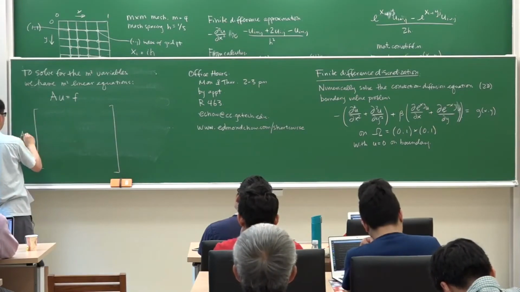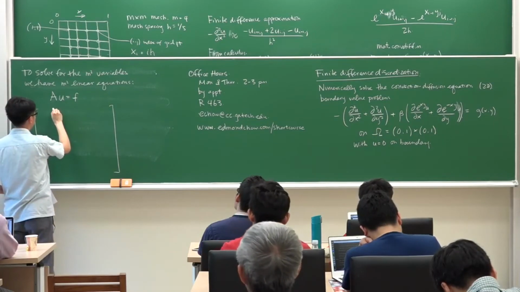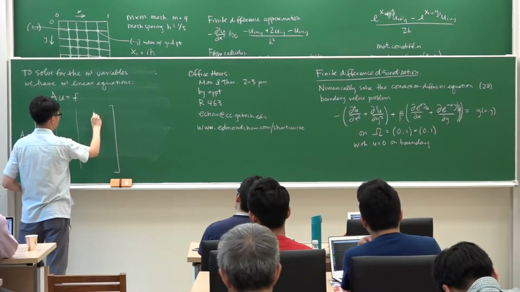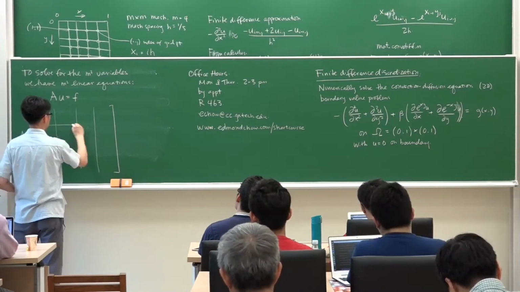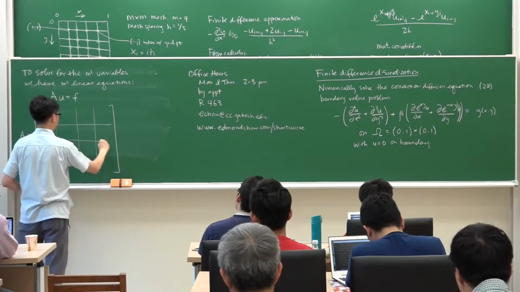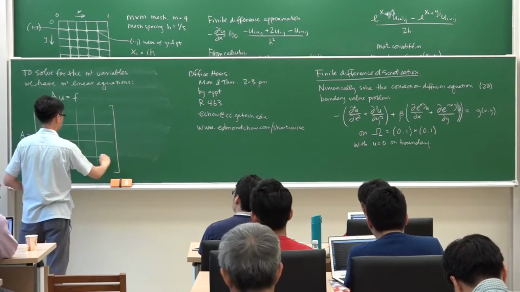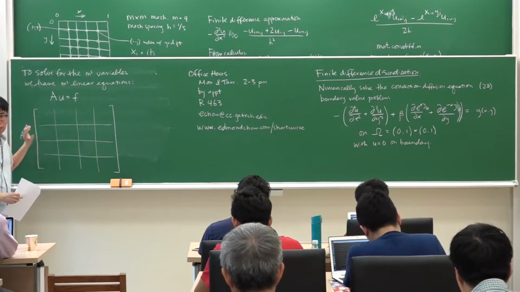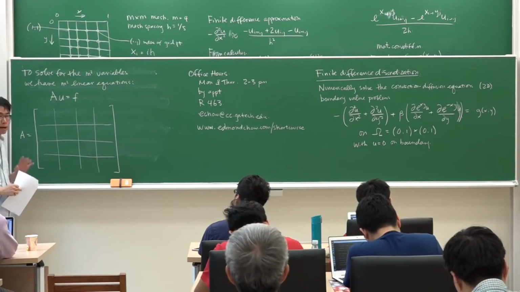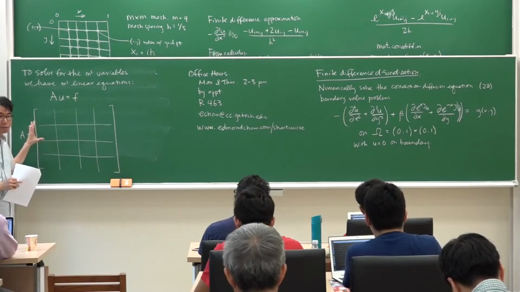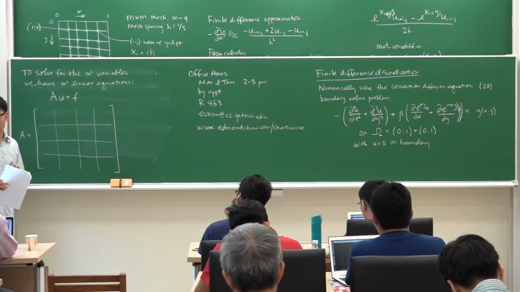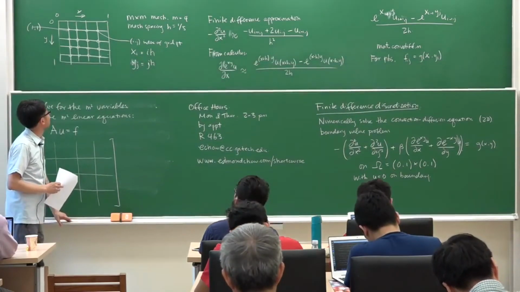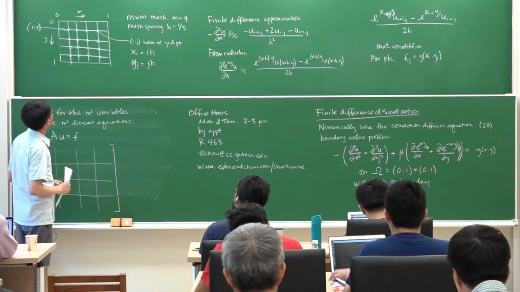So A has this structure. And I can write the equations in any order and the variables in any order. So if I'm going to write down a matrix, I have to specify the ordering of the grid points. So let me go back to this and say something about the order of the grid points.